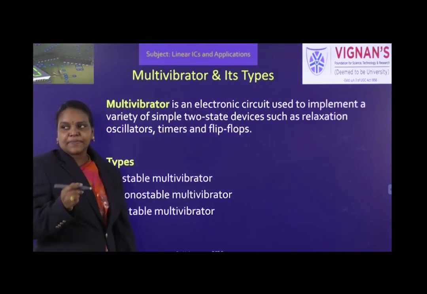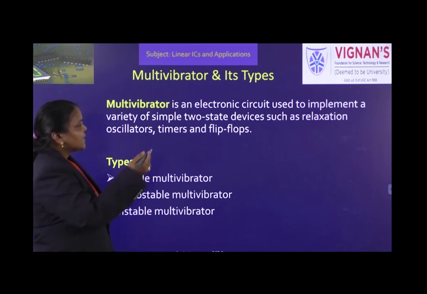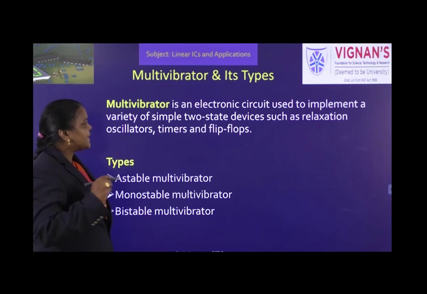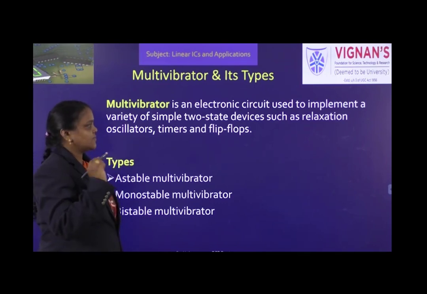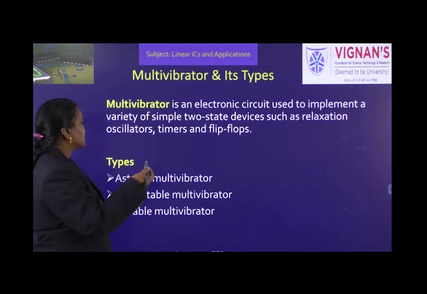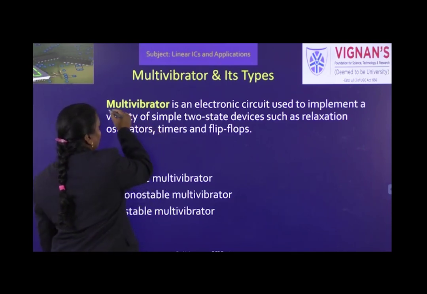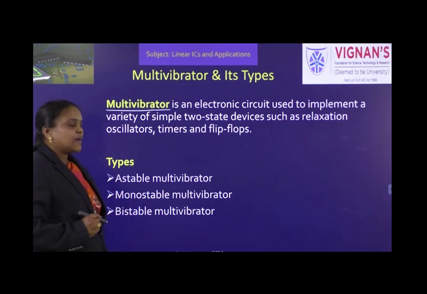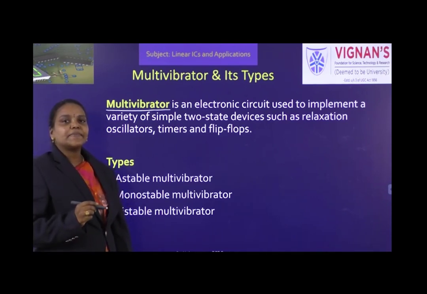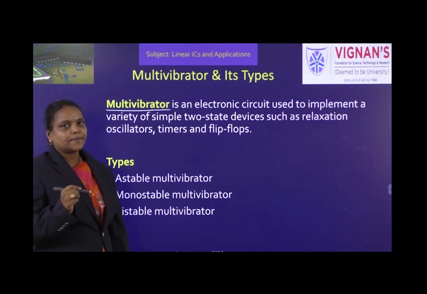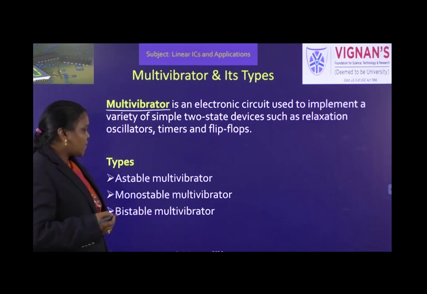And what is a multivibrator? A multivibrator is an electronic circuit used to implement a variety of simple two-stage devices such as relaxation oscillators, flip-flops, timers, etc. There are three types of multivibrators: astable multivibrator, monostable multivibrator and bistable multivibrator. So what is the difference among these three?